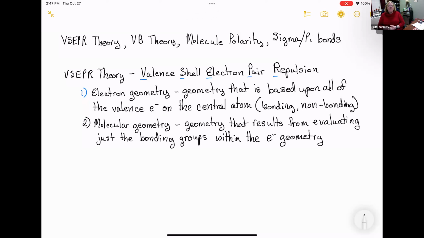Once we get to working problems, you will see how I take this into account. The first thing I'll do is take the Lewis structure and develop the electron geometry. Then from the electron geometry, I will look closer and develop the molecular geometry from that. So we'll talk about that more.